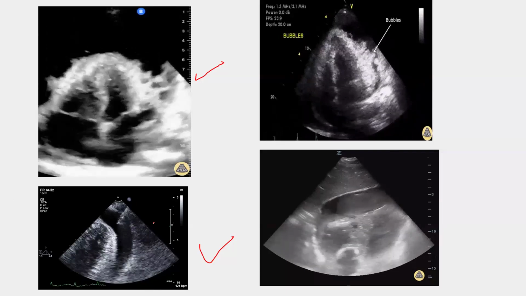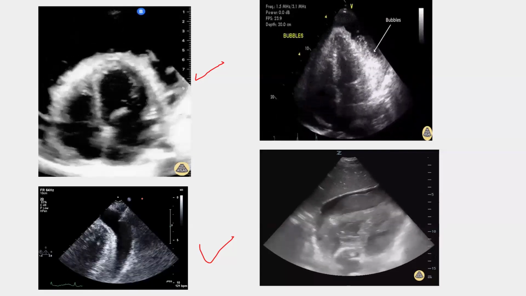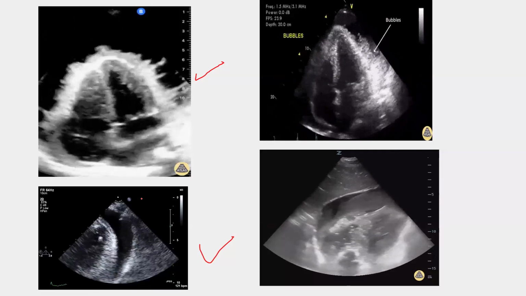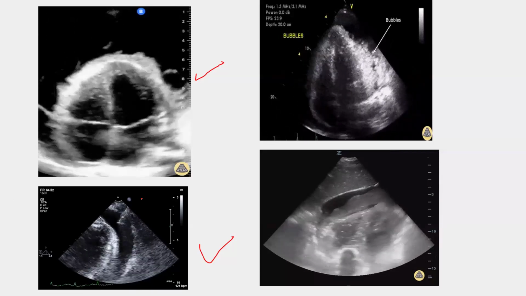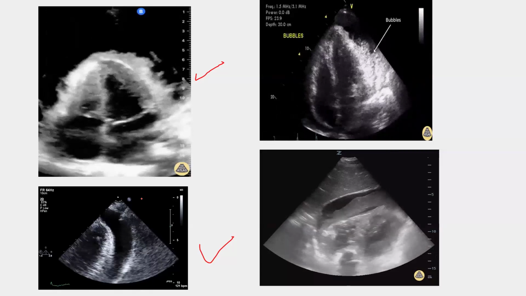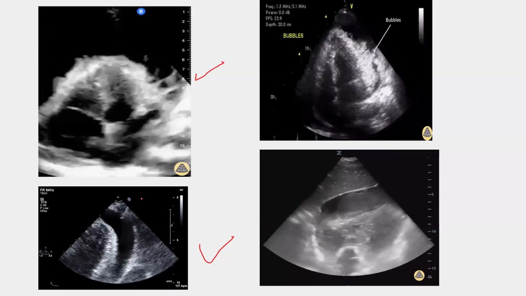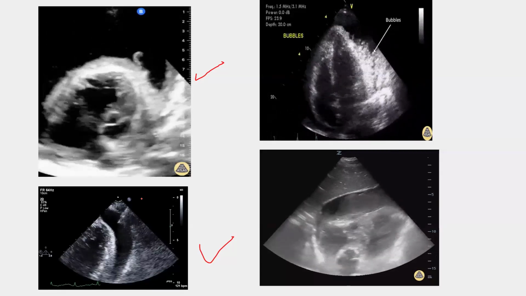So with echo-guided pericardiocentesis, first you choose the window for the needle. I mean, where are you going to push the needle? Suprasternal, substernal, parasternal, or apical window. That is according to the largest pool of fluid.